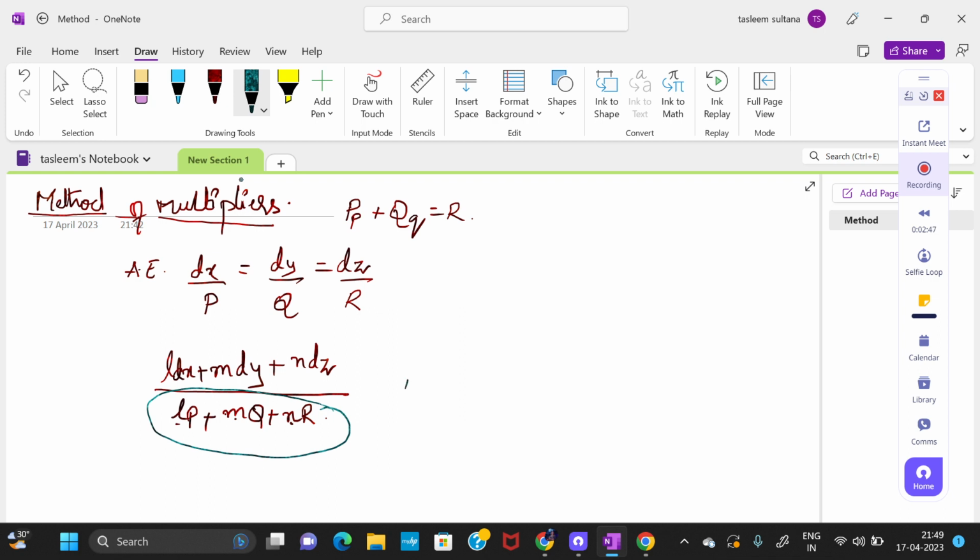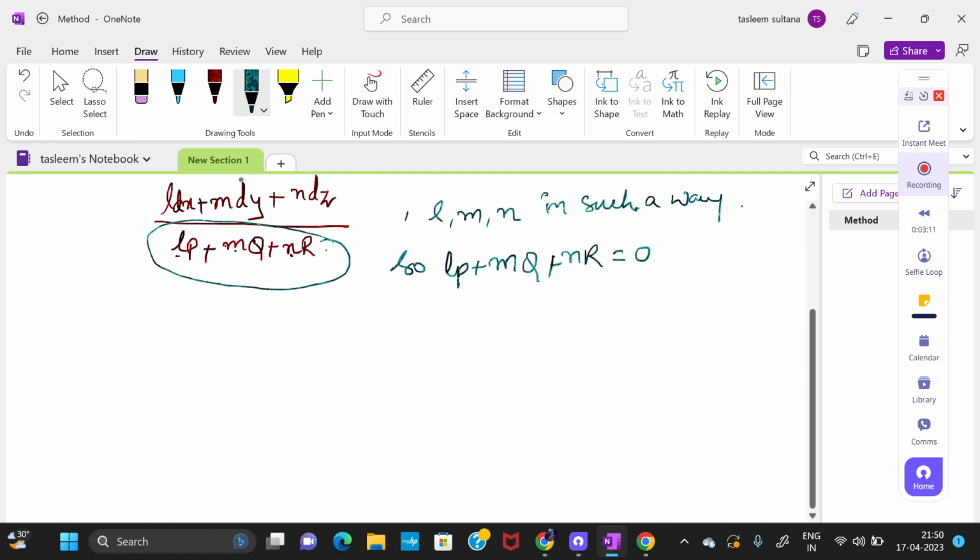You are going to choose l, m, n in such a way that lP plus mQ plus nR becomes 0. Then it becomes l dx plus m dy plus n dz divided by 0.